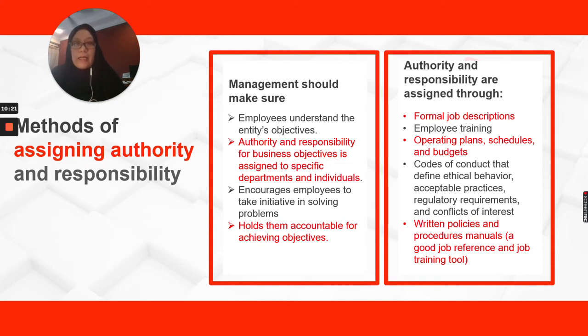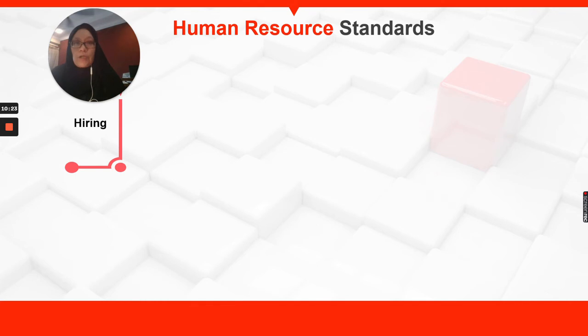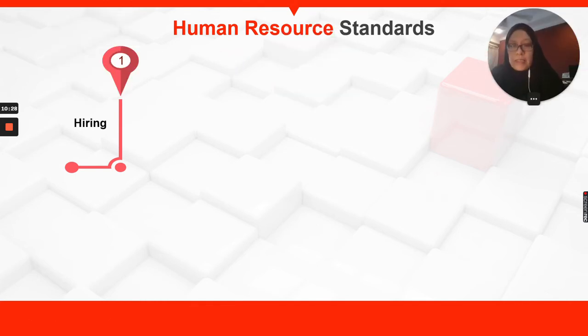Okay, and then the next element is the human resource standards. Among the policies and procedures under the human resource standards is hiring, which involves obtaining the most qualified and ethical employees.